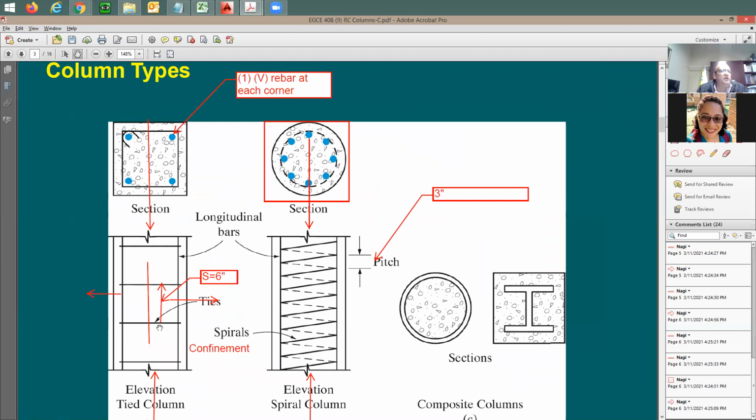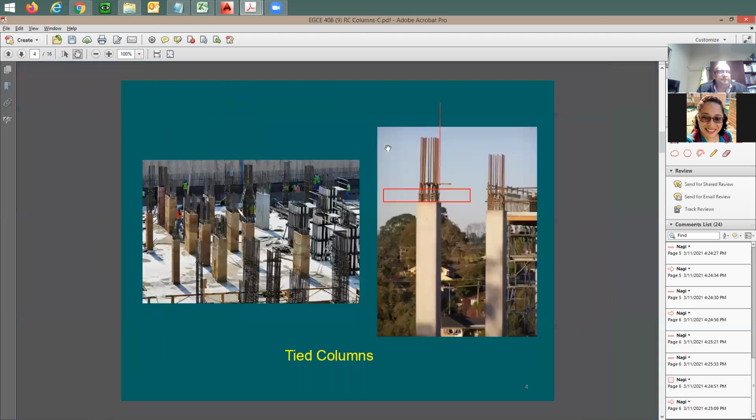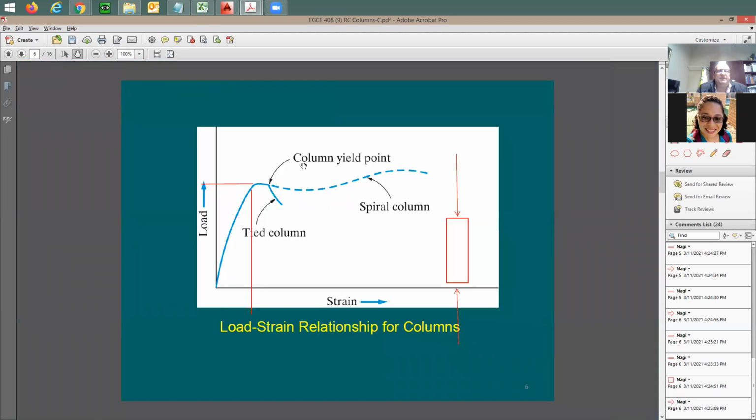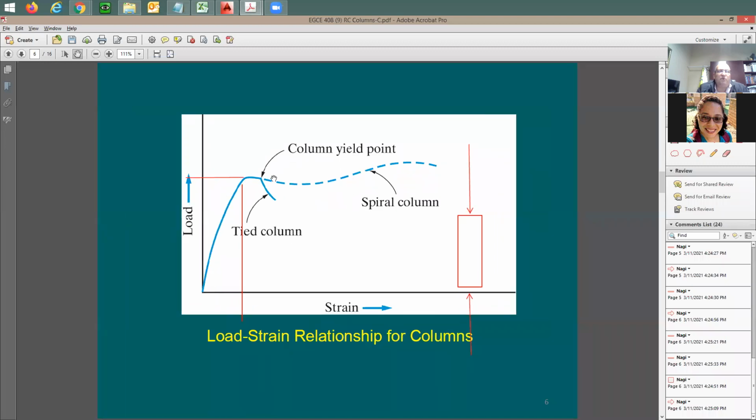In here, any one of these ties can easily open. Any of these 135-degree hooks can open up, and once that starts, you lose the strength of the column. But here, you have less potential for the spiral to open up because you don't really have any hooks. This is the reason the spiral column performs better than the tied column.